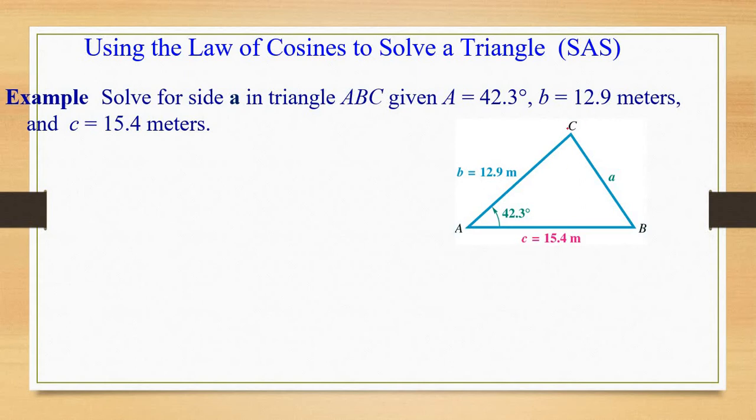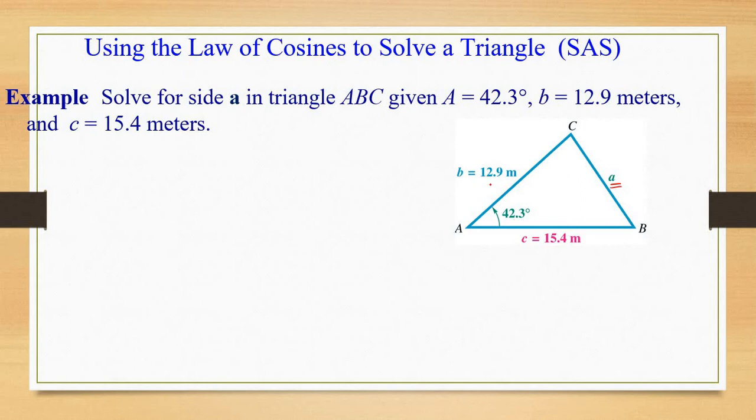However, if you place A somewhere else, it doesn't matter as long as you are consistent in identifying the sides. Now, in this case, A is here, then angle B, and angle C. If angle A is there, then this is side A. B, that is side B. C, side C.